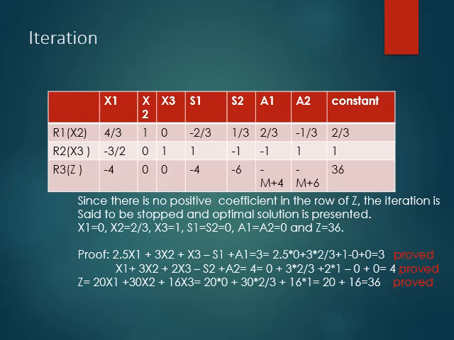Return back to our constraints, where the first constraint is 2.5 x1 plus 3 x2 plus x3 negative s1 plus a1.